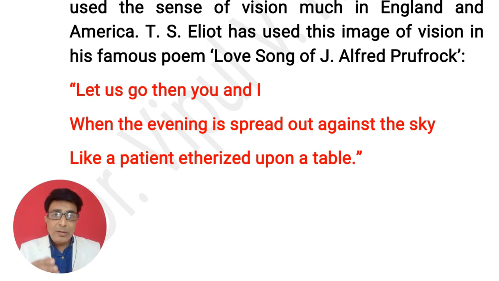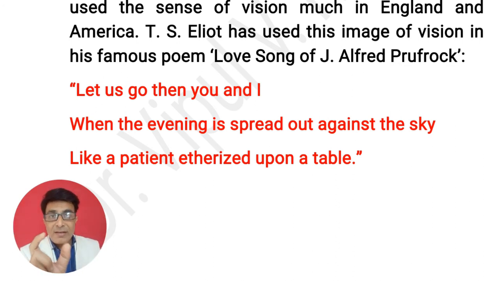Now the poet is talking to somebody. He says, let's go then, you and I, let's go together when. He is talking about the time period, when the evening is spread against the sky.